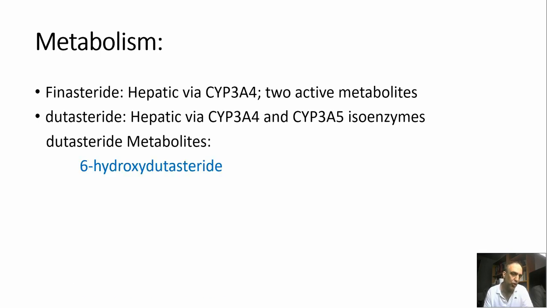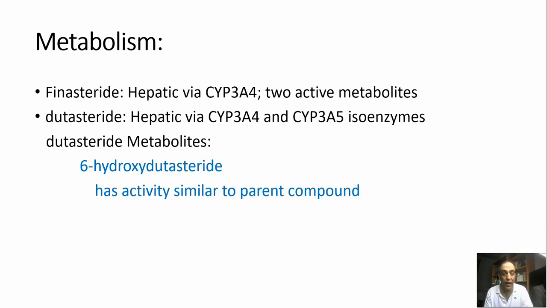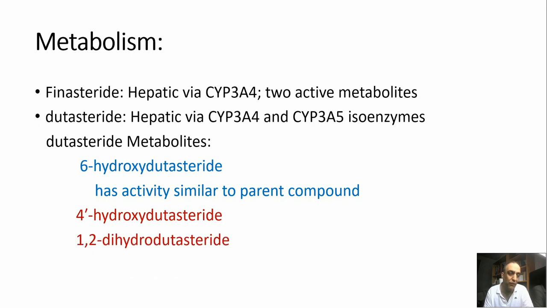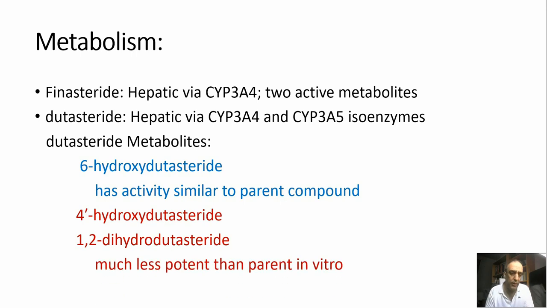These include 6-hydroxy dutasteride, which has a similar activity to dutasteride itself, and 4-hydroxy dutasteride and 1,2-dihydroxy dutasteride, which are much less potent compared to dutasteride and much less reactive.